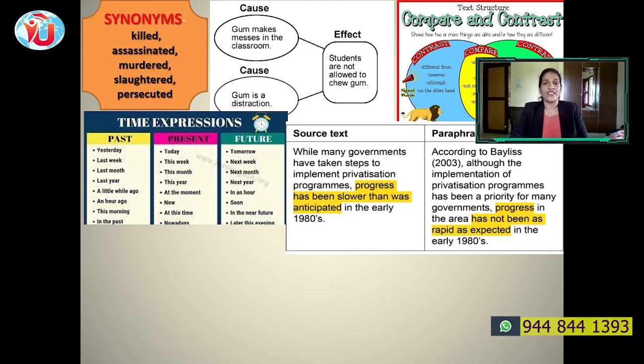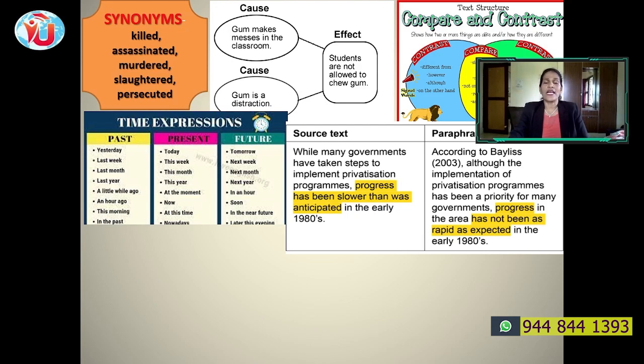And this is paraphrased. What is it paraphrased as? "Although the implementation of privatization programs has been a priority for many governments, progress in the area has not been as rapid as expected." You see, "as rapid as" means slower.